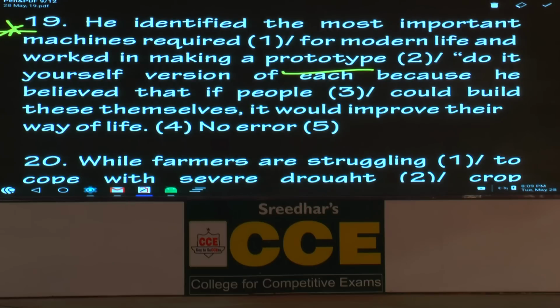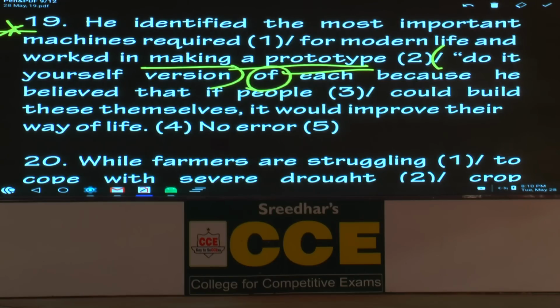All of you please underline making. Making a prototype, then you please put in brackets these words. Now you read make a prototype or making a prototype. Will you say make a prototype for each or of each? For each. So where is the error here?